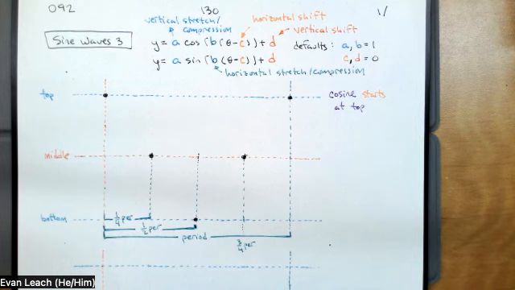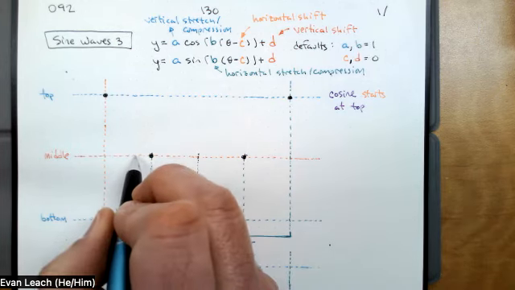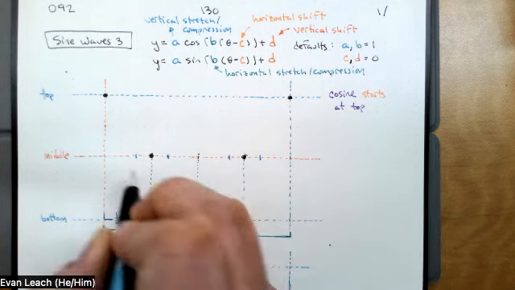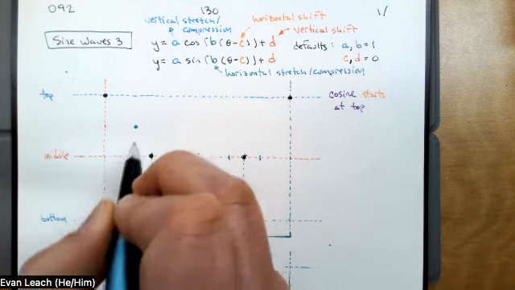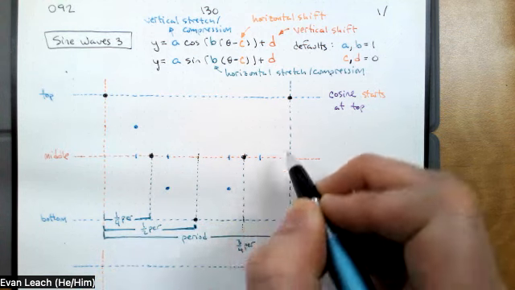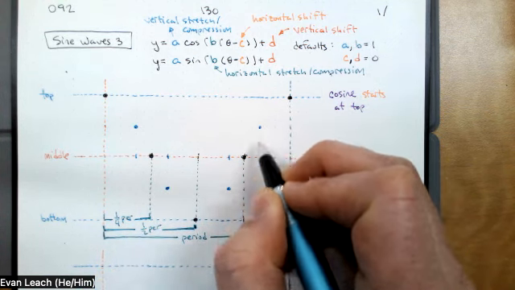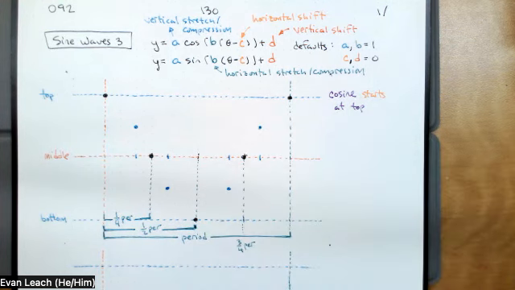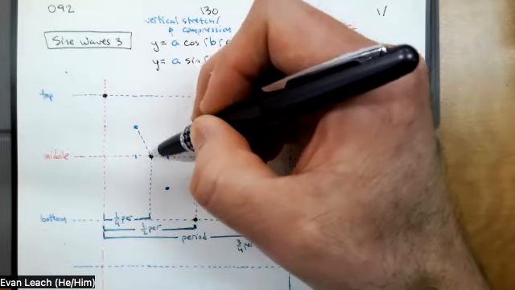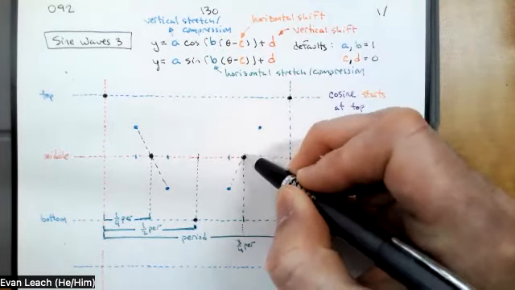If we want to draw a better graph, we need to know where our halfway points are. So our halfways are 30 degrees, or sorry, pi over 6 radians before and after we cross through the middle. Then we connect through the middle with a line.